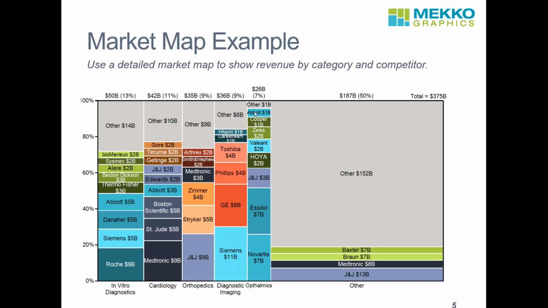One is you would typically sort your bars, so the widest bar is on the left, although you might put the other bar on the right, and you would sort your segments so that within each bar the largest segment is on the bottom. And if you group your smaller segments into other, which is a Mekko Graphics feature, you can include the other segment on the top of each bar, as I did in this example.